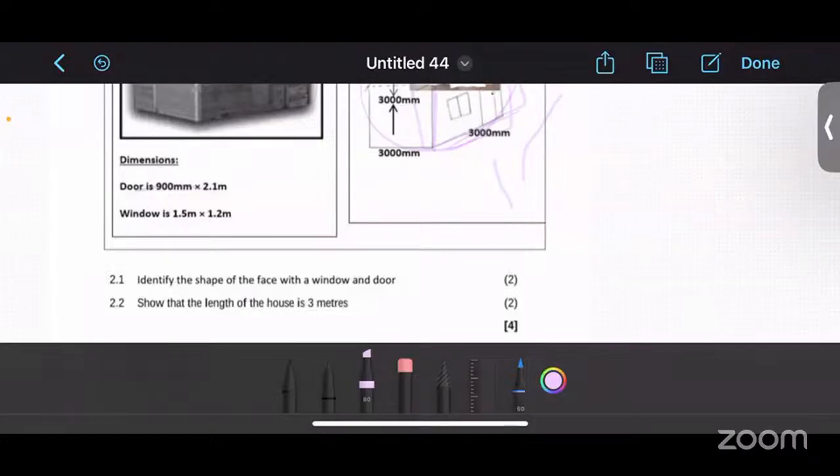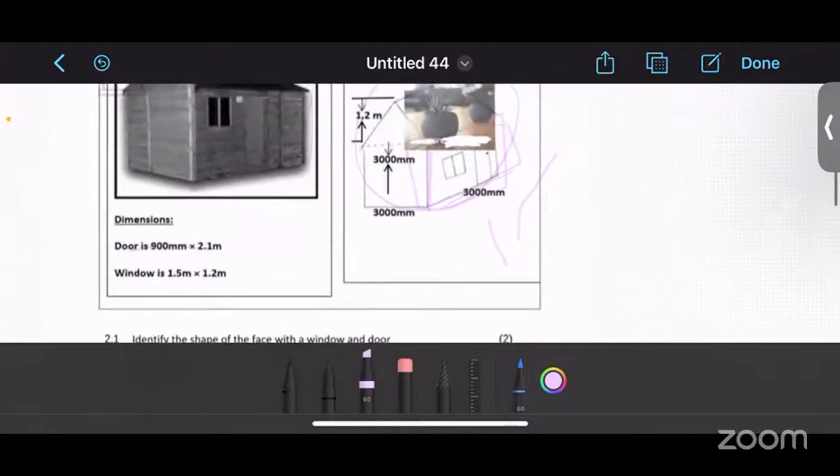Okay. What shape is this? A rectangle, ma'am. How did you decide on that? Ma'am, it has two equal sides which are vertically opposite, the same length, and then across, horizontally, they're shorter.